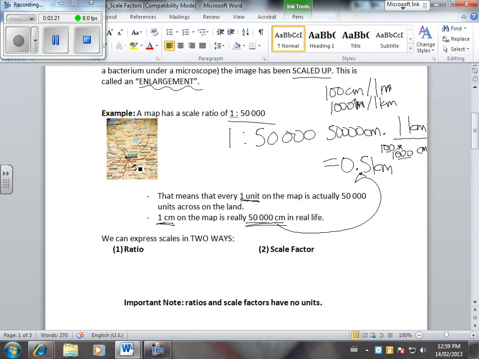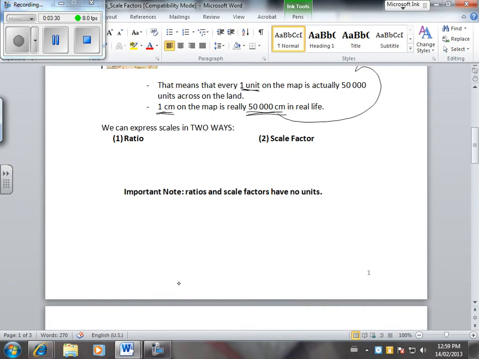So that's why we use scale factors. It just makes it a little bit easier to see a bigger area in a smaller space. We can express scales in 2 ways: either the ratio or the scale factor. A ratio would be like 1 to 20.